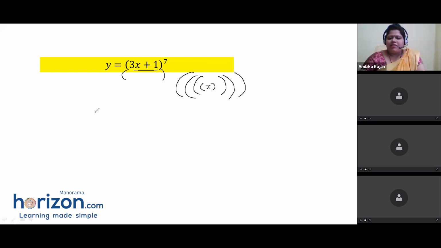Now we'll try our dy by dx. We have to look into our outside function. Here, the outside function has a power. We know that already: the derivative of x power n is n comes in front and we reduce the power by 1.